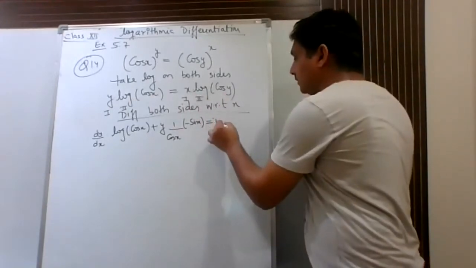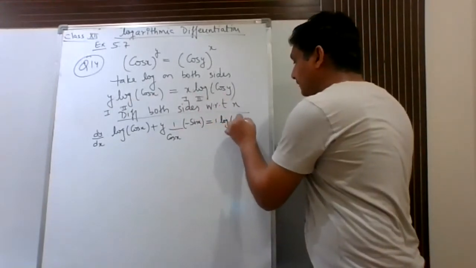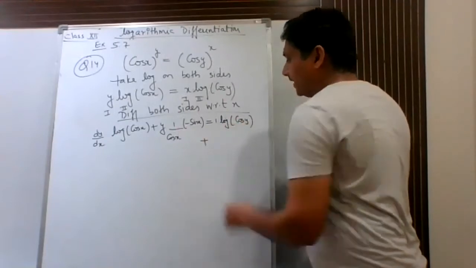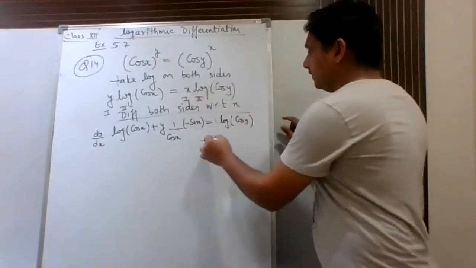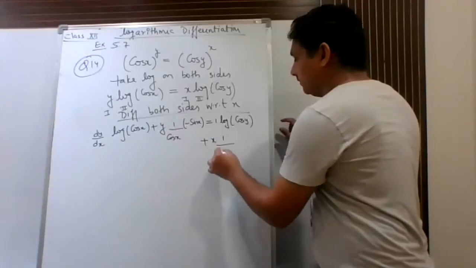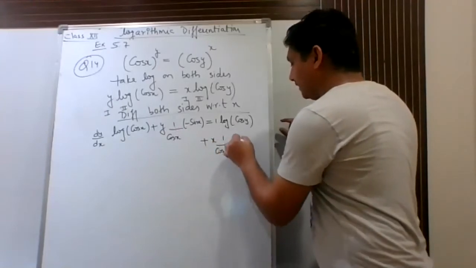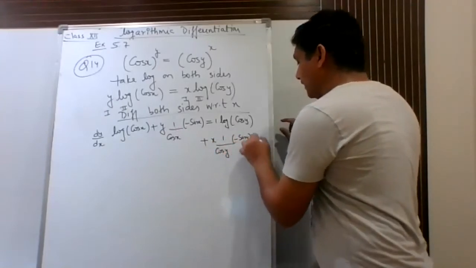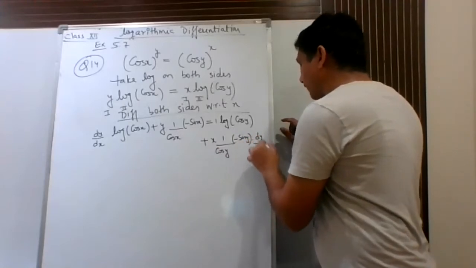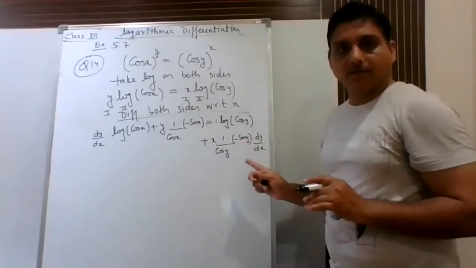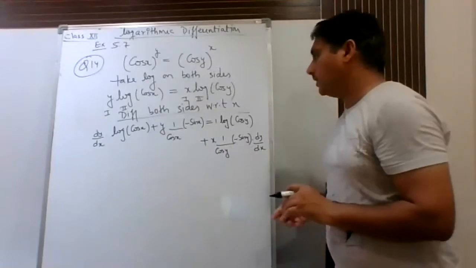Now, similarly, you will take the derivative over here. So 1 into log cos y plus x into 1 upon cos y, then minus sin y. Then we have to take the derivative of y also with respect to x. This is again because of chain rule.